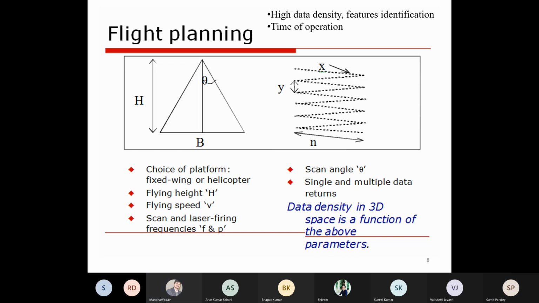Okay, fine. In the given assignment, the aim is to derive line densities along the scan line and across the scan line for the bidirectional scanning pattern as shown in the figure.